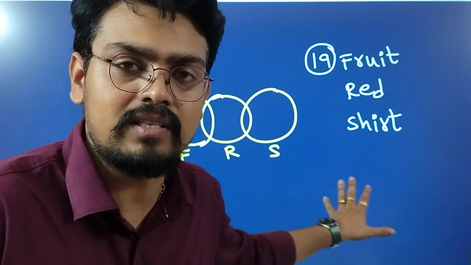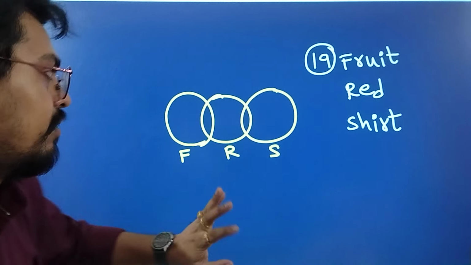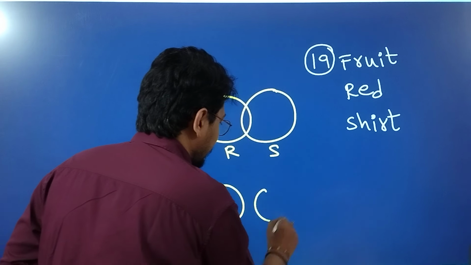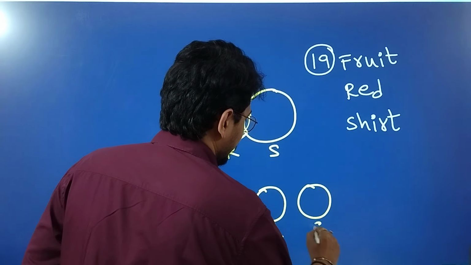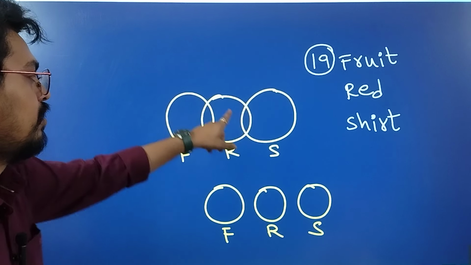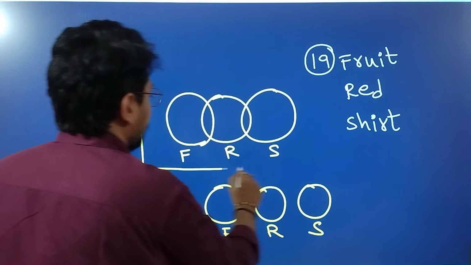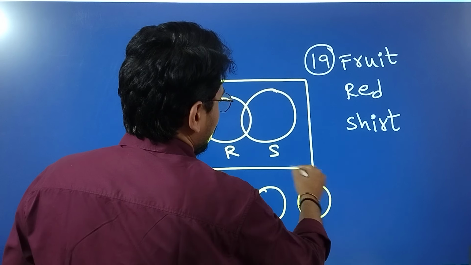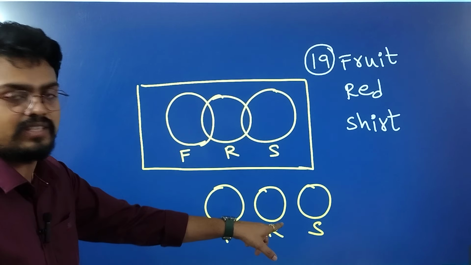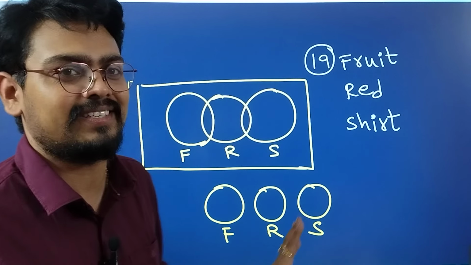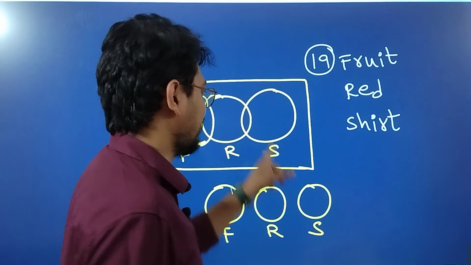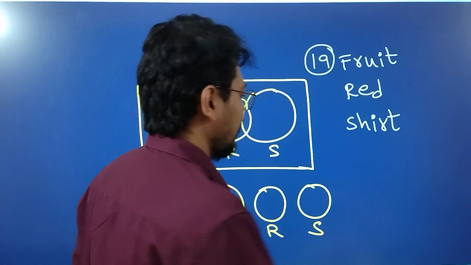If this option is not there among the four options, then go for the one where the three circles are different. Fruit, red and shirt. Most probably you will have this diagram in the options if you get this kind of question. If not, the second one is this. Don't worry, you will not get both options. If you get both options, then choose this interlinked one only.